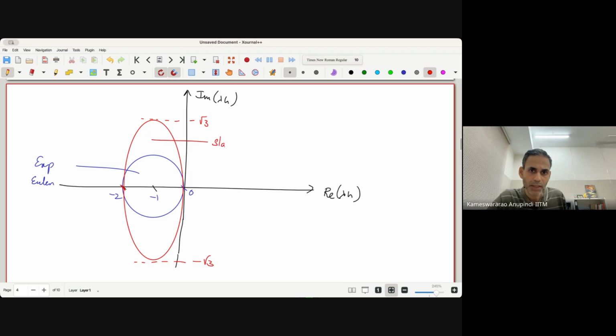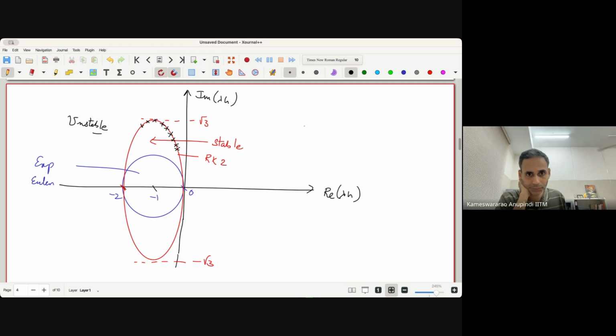Everything inside is stable, that is for the RK2 method, and everything outside is unstable. That means I have calculated lambda h for each and every theta, and that is what I have obtained as my curve.